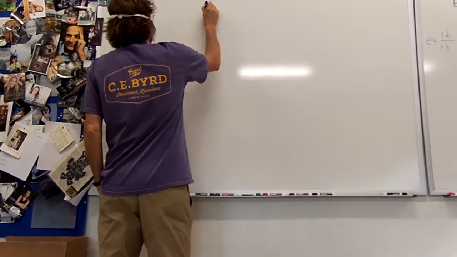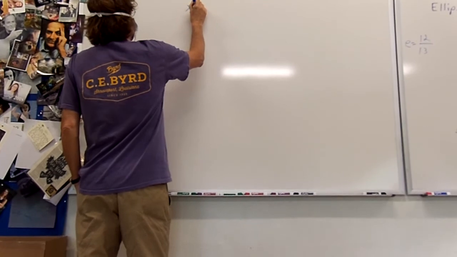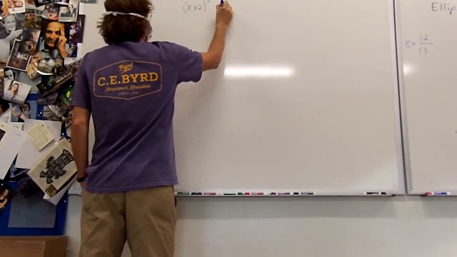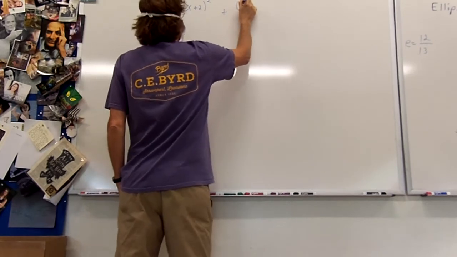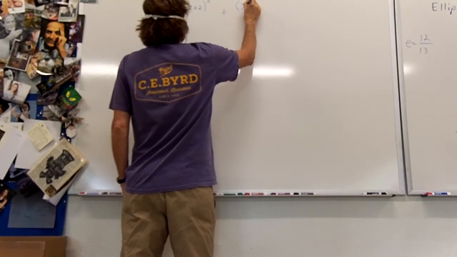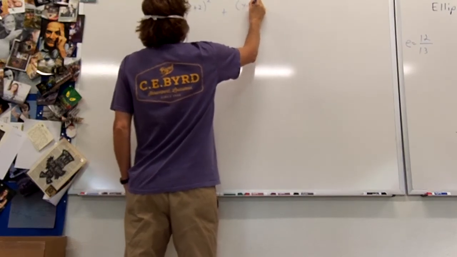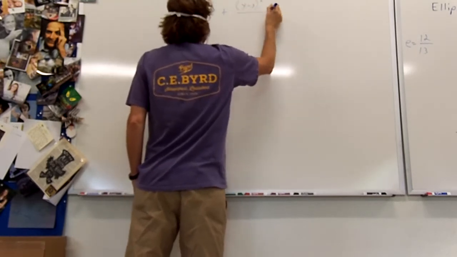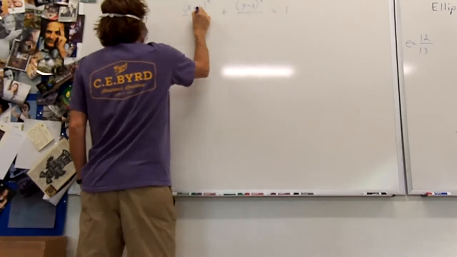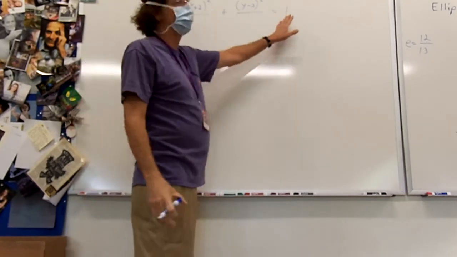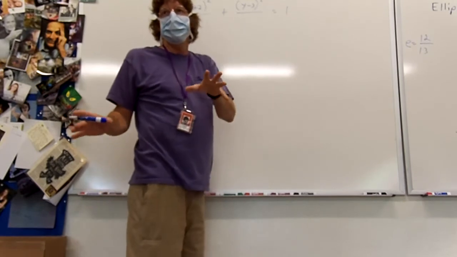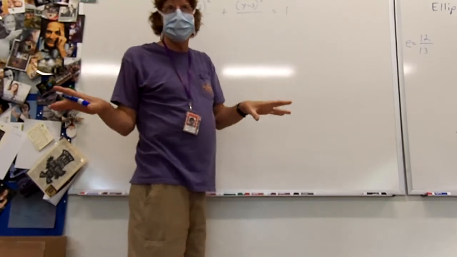All right. (x plus 2) squared plus (y minus 3) squared. They'll always equal 1 for right now. When they don't equal 1, I'm going to show you what to do. But for right now, in order to graph them, they have to equal 1.